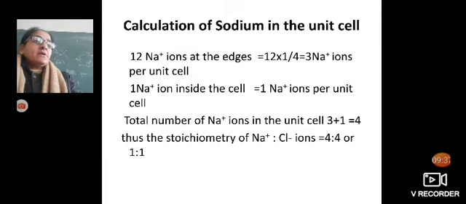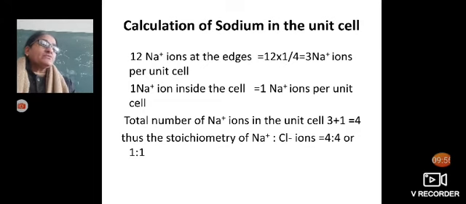So 12 ions at the edges contribute 3 sodium ions per unit cell, and 1 sodium ion inside the cell is equal to 1 sodium ion per unit cell. So the total number of sodium ions in the unit cell is 3 plus 1, that is equal to 4. The stoichiometry of sodium chloride is 4:4 or 1:1.